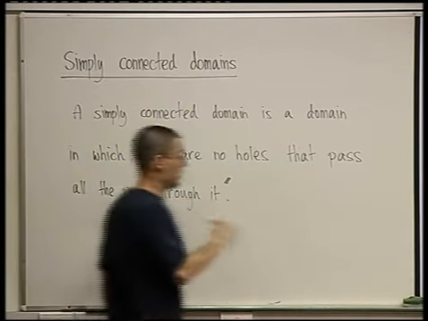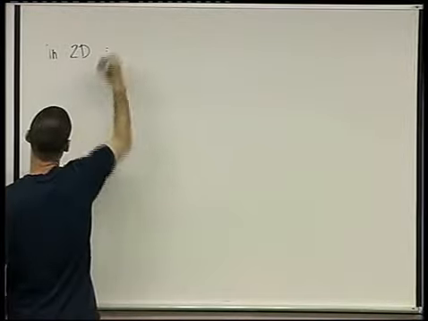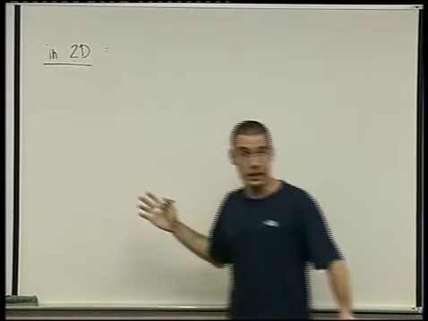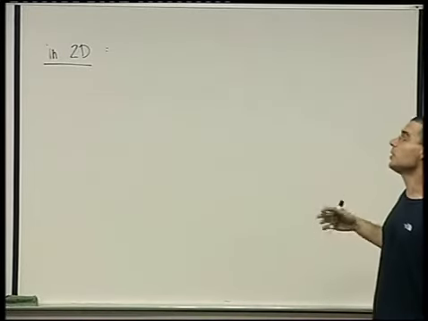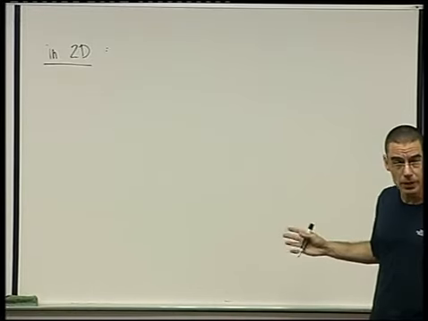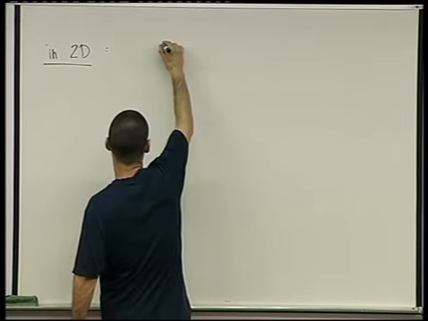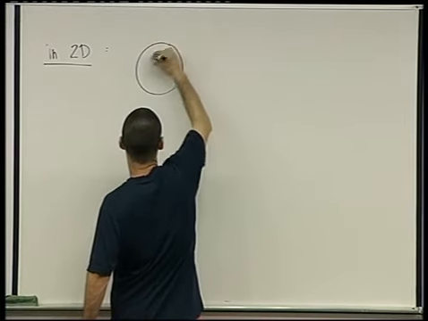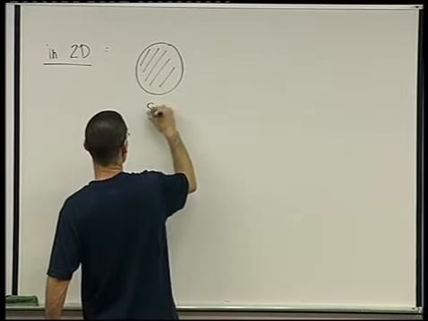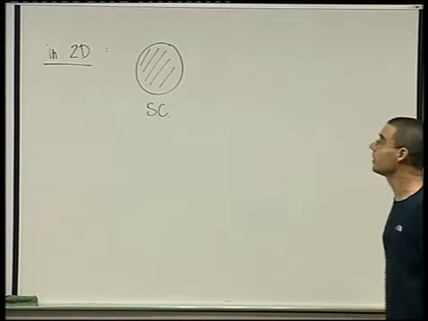So in 2 dimensions, in 2D, we're looking at a planar domain, a domain in R2. What does it mean that there are no holes that pass all the way through it? It simply means that there are no holes. So for example, the disk is simply connected. Let's call it SC for simply connected.